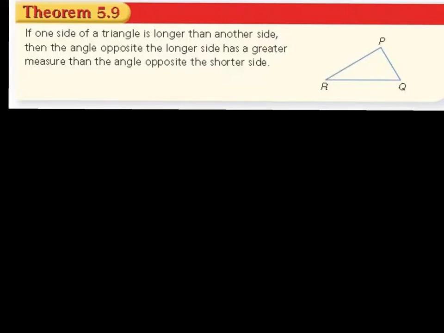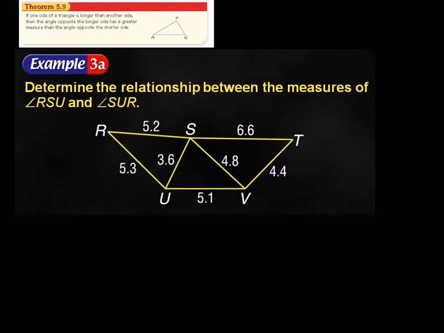If one side of a triangle is longer than another side, then the angle opposite the longer side has a greater measure than the angle opposite the shorter side. That's theorem 5.9. For example 3a, they ask us to determine the relationship between the measures of angles RSU and SUR.